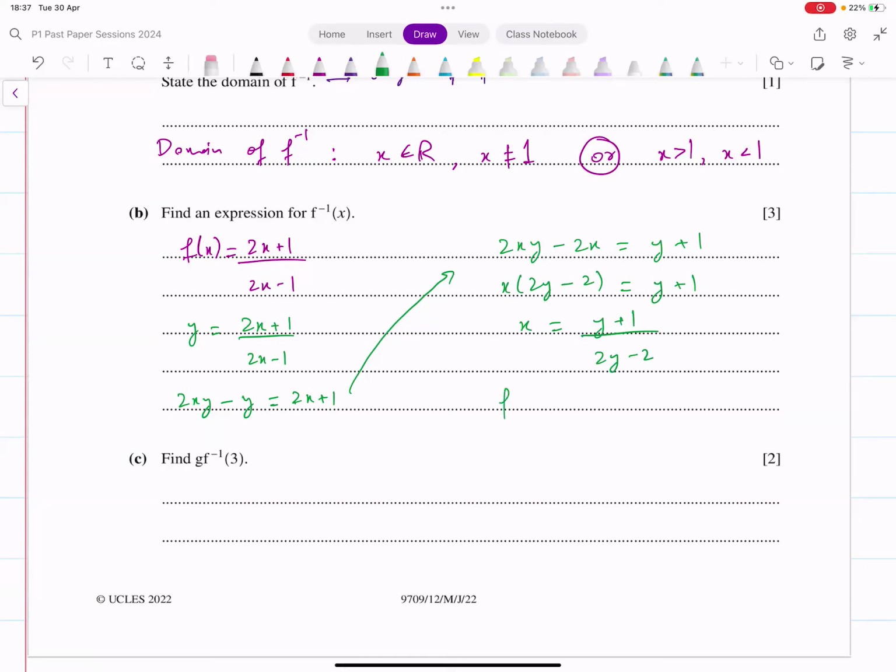And then you can write down the inverse function. You can say f inverse of x, therefore, is equal to x plus 1 divided by 2x minus 2. That is the inverse function. Okay, that's pretty straightforward. You just make x the subject and then replace the variables. This is what you end up with.